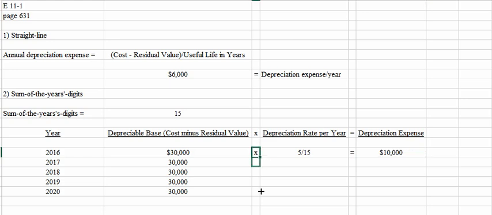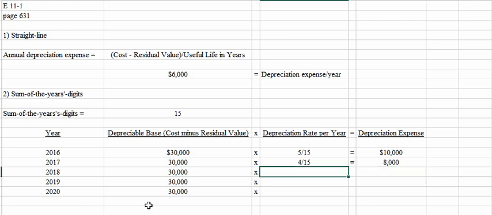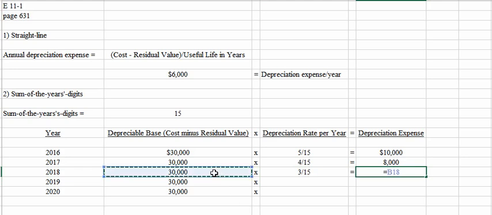Alright, and then each year we're going to multiply again, except the rate changes slightly each year. The next year we've got 4, so we're counting them down, right? 4 divided by 15. So this one's going to be equal to 30,000 times 4 divided by 15. Okay, the next year our rate will be 3 over 15. So it's going to be equal to 30,000 times 3 divided by 15.